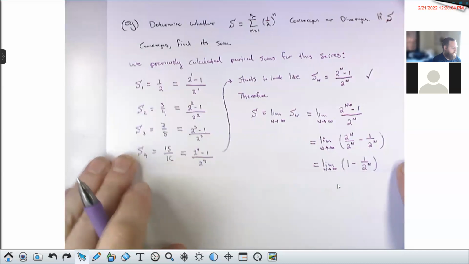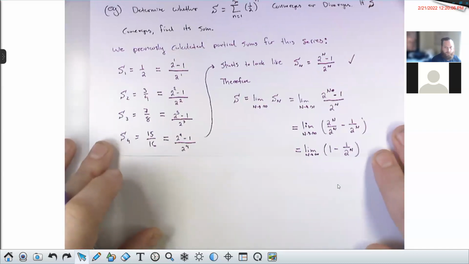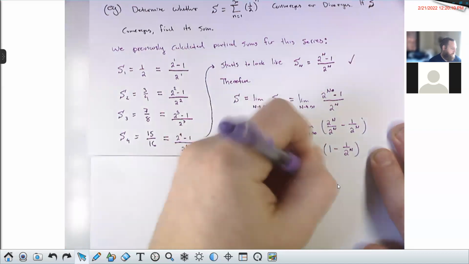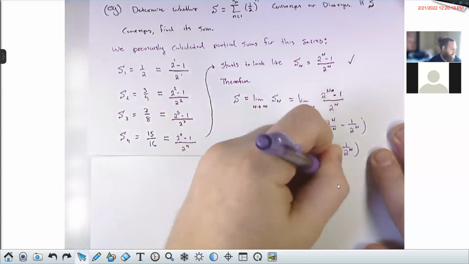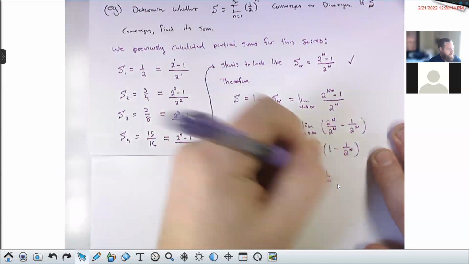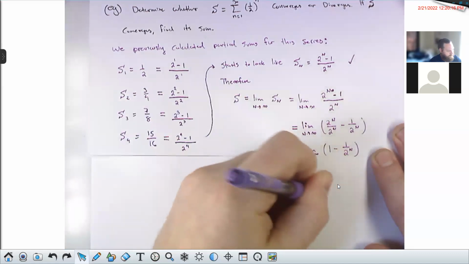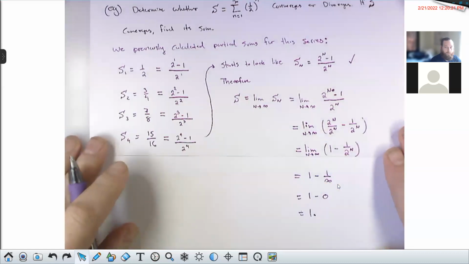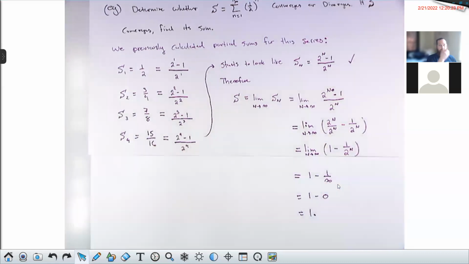And as n gets bigger and bigger and bigger, 2 to the n gets bigger and bigger and bigger. So this is 1 minus 1 over infinity, which is 1 minus 0, which is 1. And we just worked out our first infinite series. Yay, we did it.